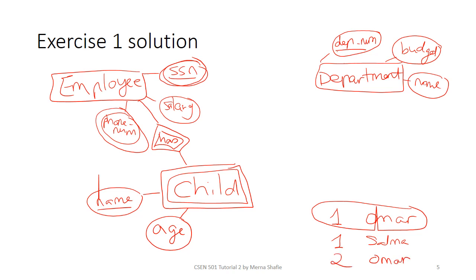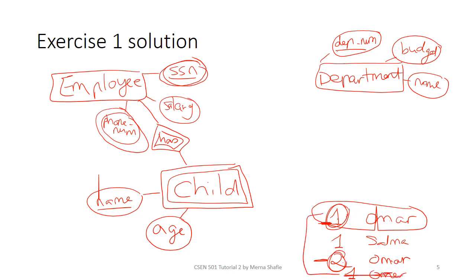This means this employee is different from that employee, because the SSN is different and we said the SSN is unique. So having 1 and Omar, and 2 and Omar, means that the employee with SSN 1 has the child Omar and another employee with SSN 2 also has a child named Omar. Okay, but this is not a problem. However, the problem is to have the same employee with the same child name repeated twice.